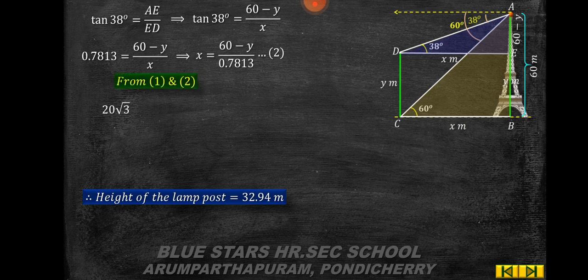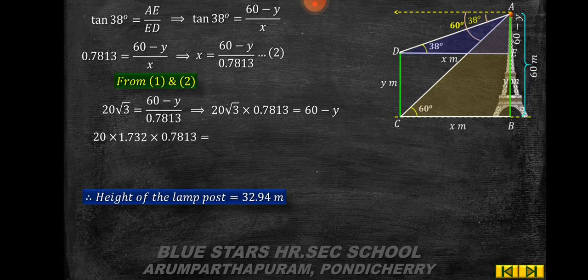So from 1 and 2, 20 root 3 is equal to 60 minus y by 0.7813, which implies 20 root 3 into 0.7813 is equal to 60 minus y. 20 into root 3 value is 1.732 into 0.7813, which is equal to 60 minus y, which implies 34.64 into 0.7813 is equal to 60 minus y.